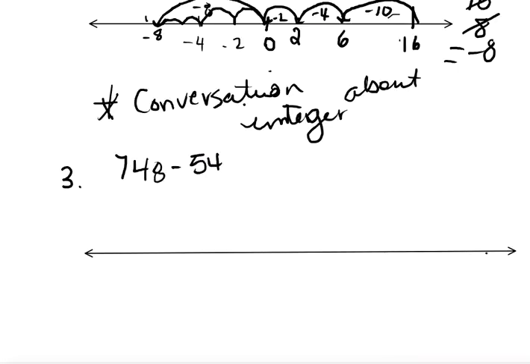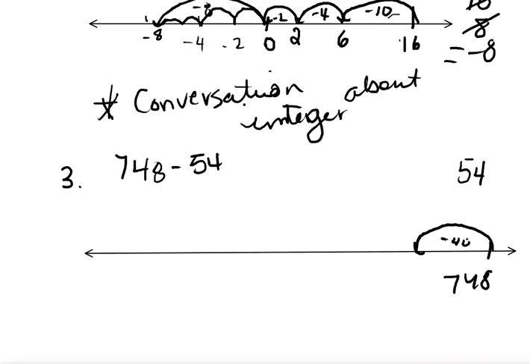Again, we put the 748 over here. And we know we have to take away 54. So child-friendly numbers, they can go in any way. I would look at the 748 and take away 40 right away.